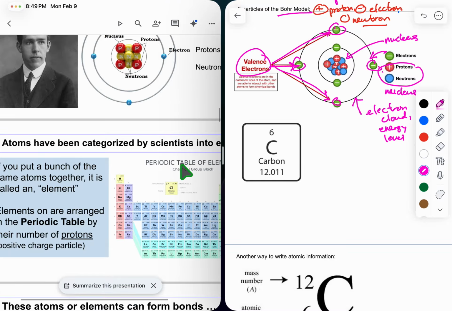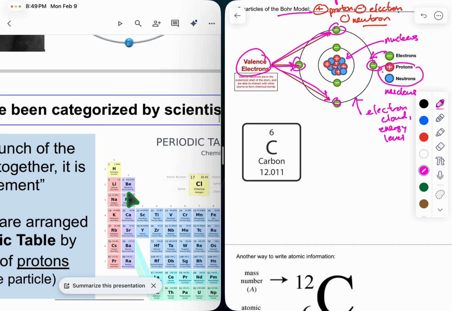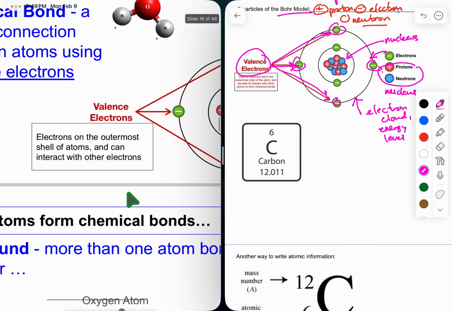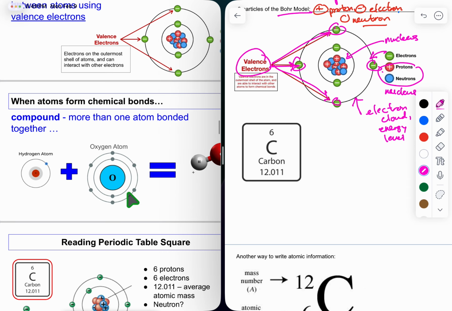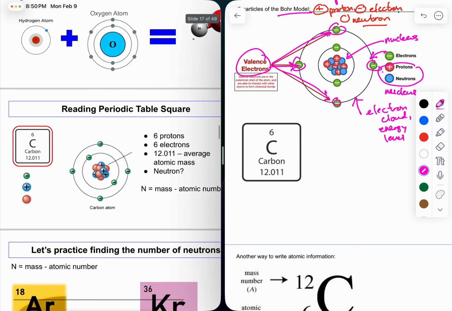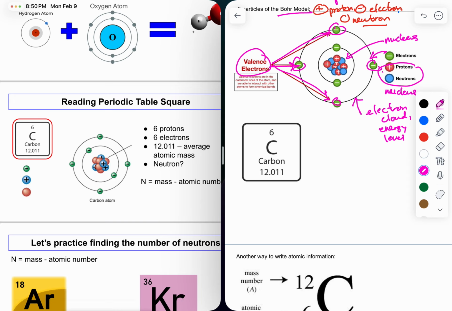On the periodic table, you'll see that there are these squares. Well, how do you read a square? When you're looking at this square, there are several things that you need to take note of. The number here is called the atomic number, and it tells us the number of protons and the number of electrons.